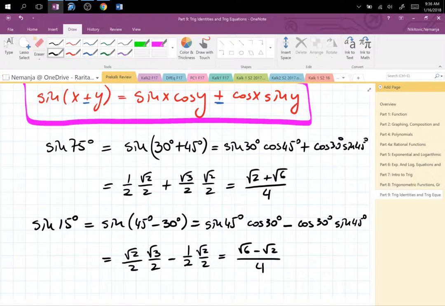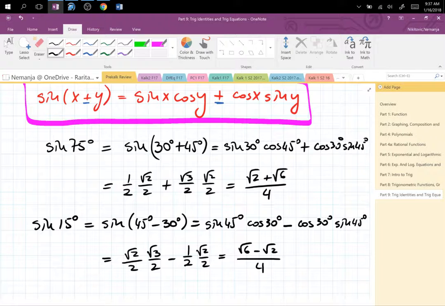Clearly, you can't use this to compute, let's say, sine of 19 degrees, because you can't make 19 in terms of 30, 45, right? But the question can ask you to compute, you know, 115, or anything that you can put together with these 30s and 45s and 60s, right?